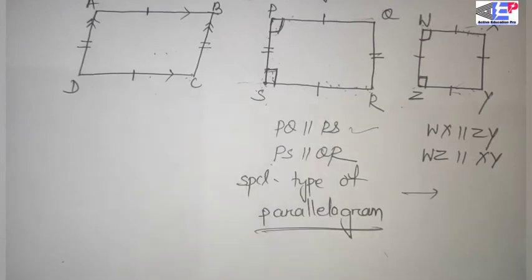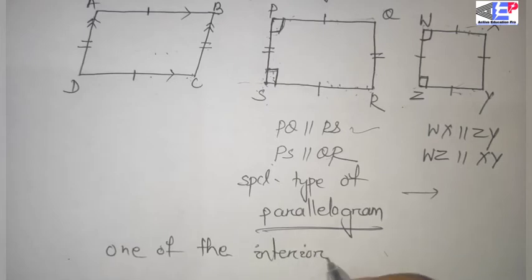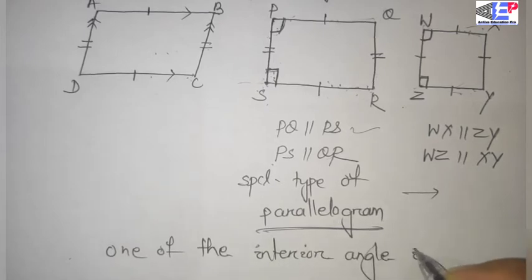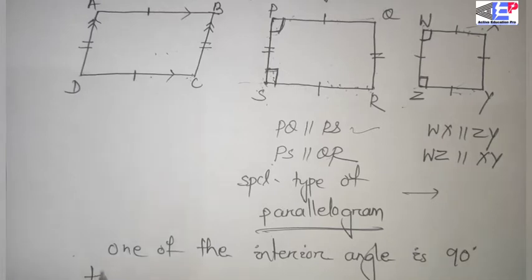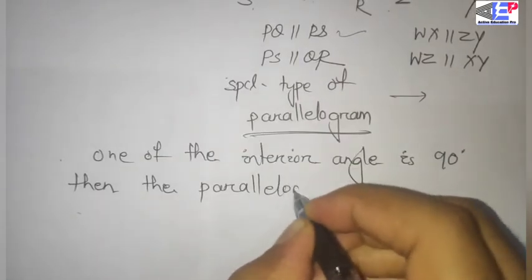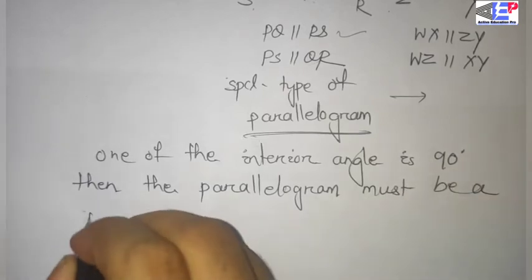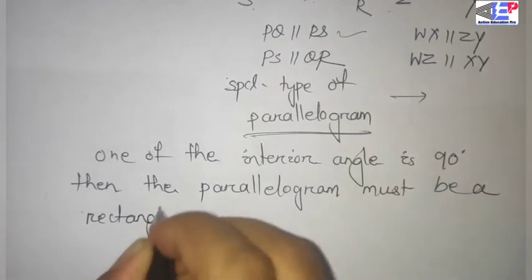Look here, if in a particular parallelogram one of the interior angles is 90 degrees, then the parallelogram must be a rectangle.